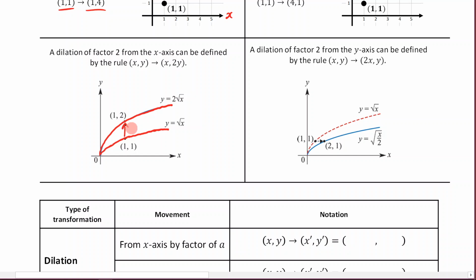They've got this arrow here, which is saying it's pushing it away from the x-axis. And as you can yet again see, my x value remains the same, but it's my y value that changes. So when you have a dilation from the x-axis, it is your y value that changes. That's important to note. Okay, let's keep on going.